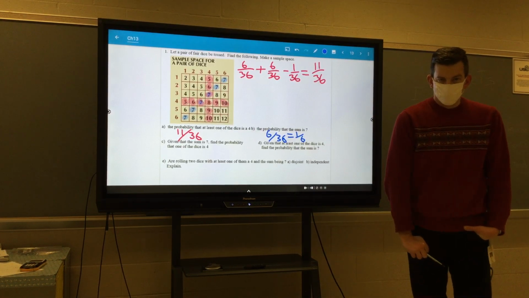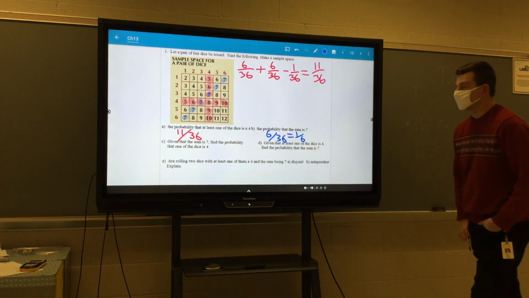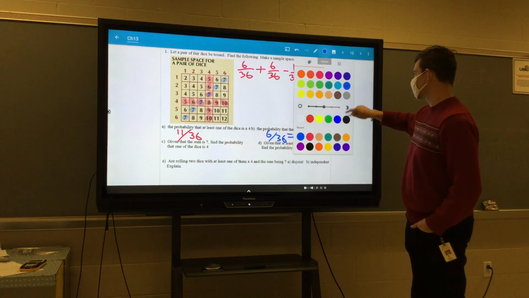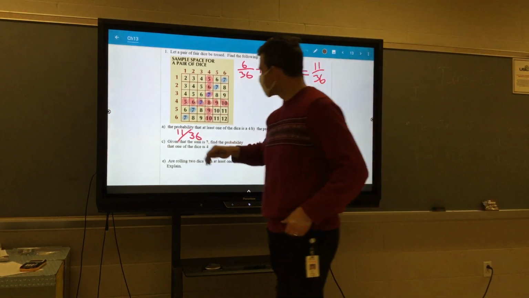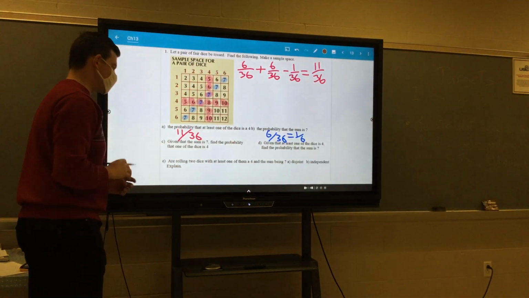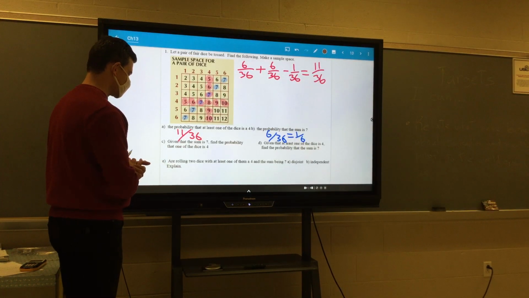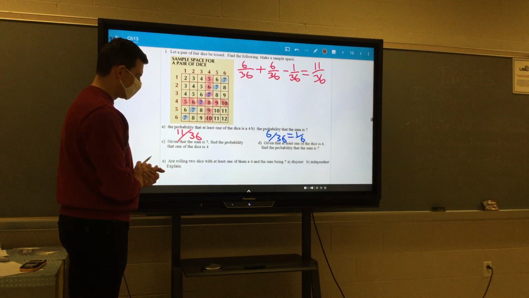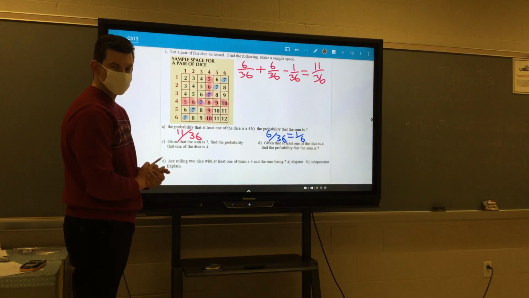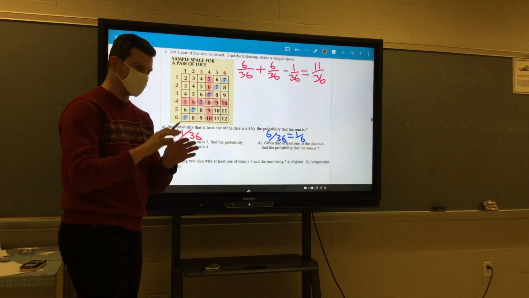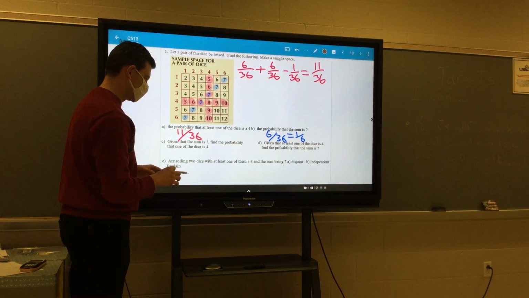Now, when we get down into part C, this is where we get into the conditional probabilities. Letter C says, given that the sum is 7, find the probability that one of the dice is a 4. Here's a conditional probability. Conditional probability changes the sample space.